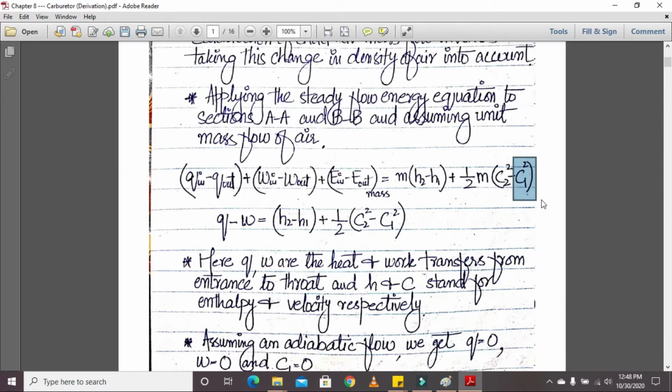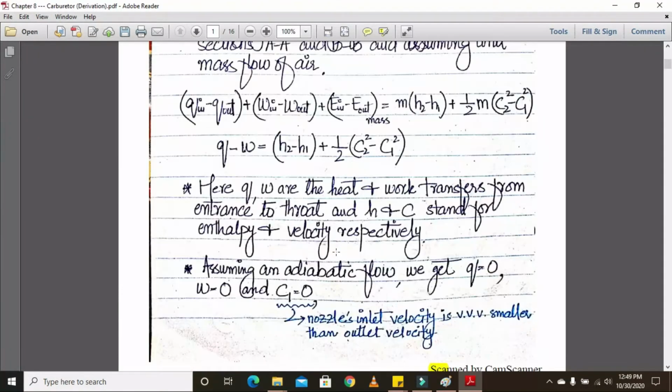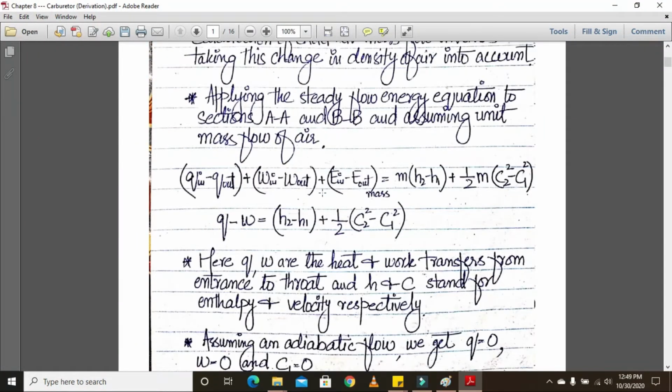And when we rearranged this equation, we would obtain this relation, which is C2 equals under root 2 times H1 minus H2. Another thing which needs to be understood here is that we were talking about the heat, work and energy which is coming in and out with the flow of the air.